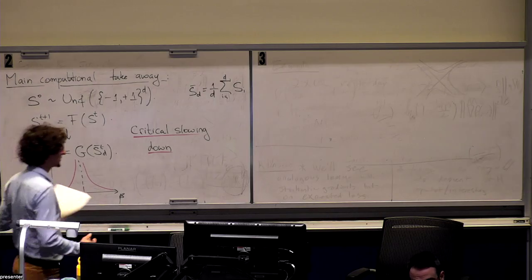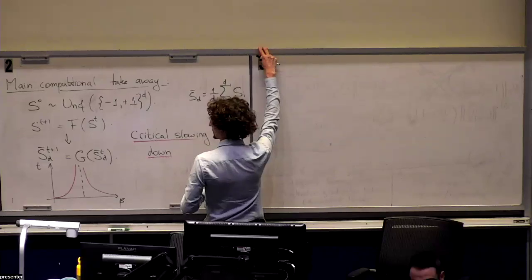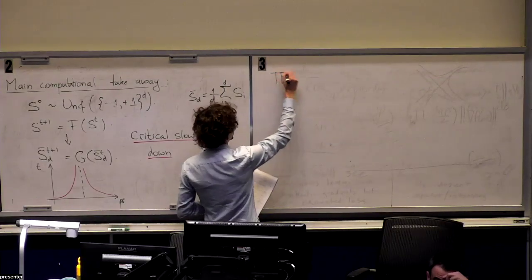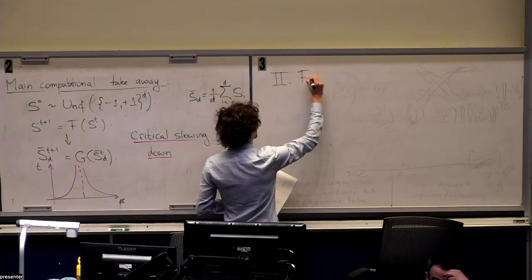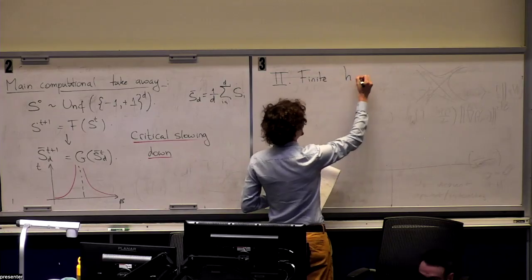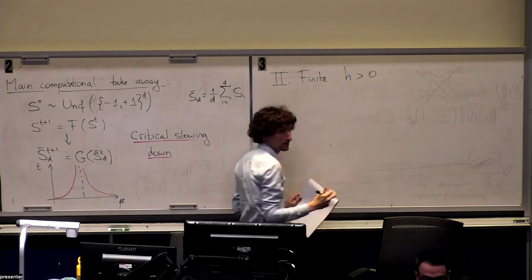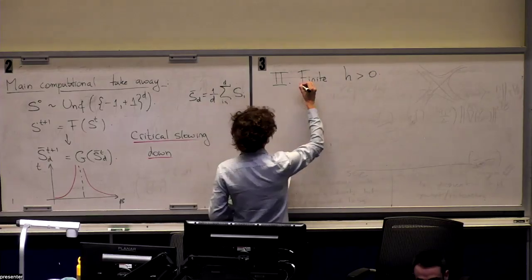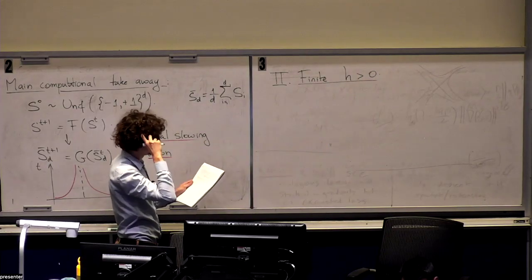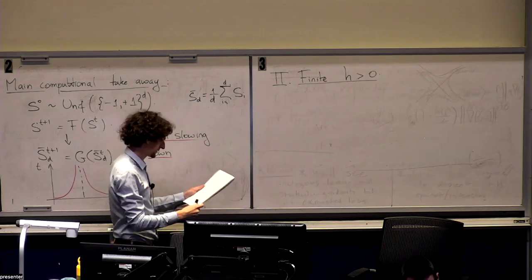Okay, so that was everything that I wanted to tell you about the zero field. Let's now take a look at the finite H, which without loss of generality, let me just take H larger than 0. Everything that I say is going to be true for H less than 0, you just need to flip the signs.